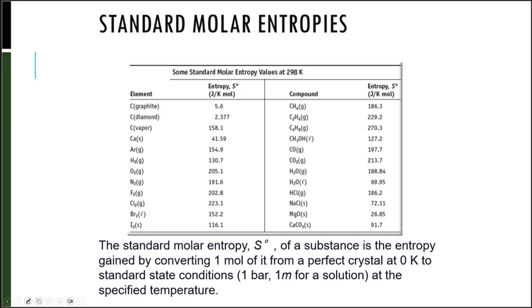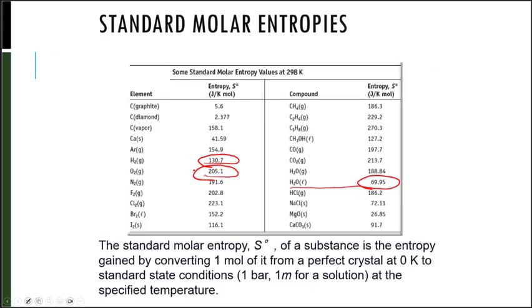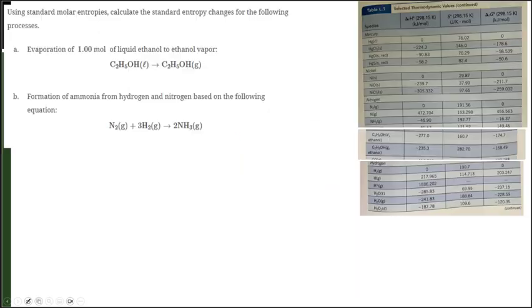Here's just a little snippet showing us some entropy values. Here's my H2 gas, here's my O2 gas, and there's my H2O in liquid form, giving me that 130, the 205, and the 69.9 from right here.